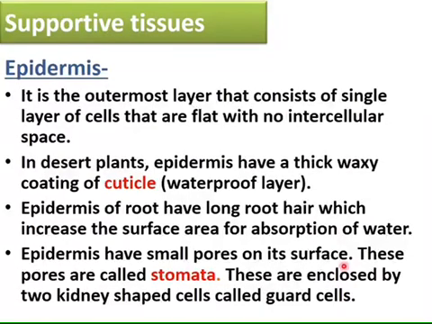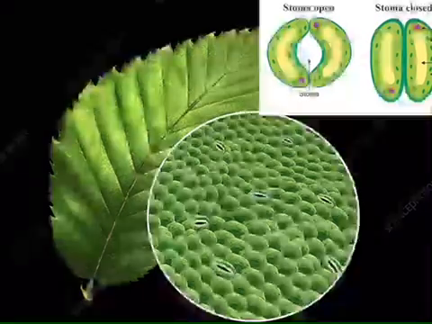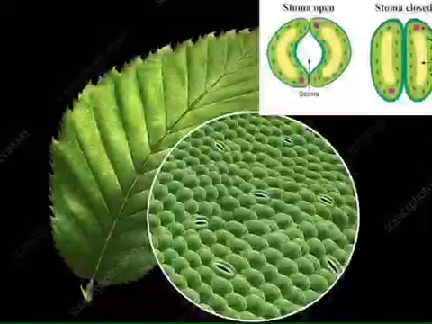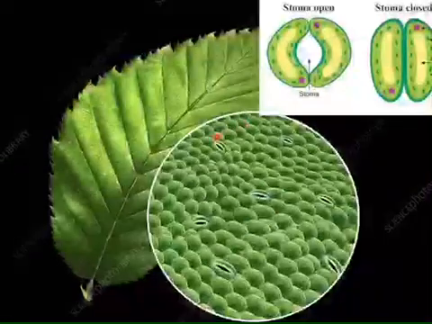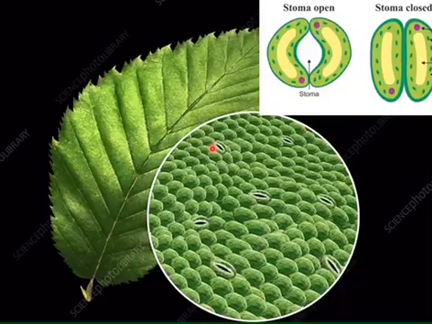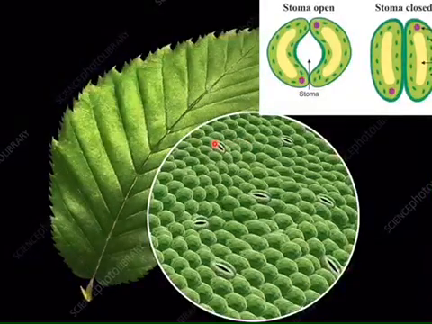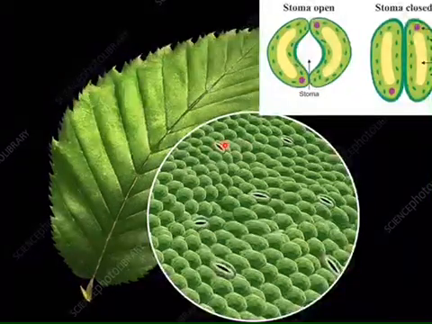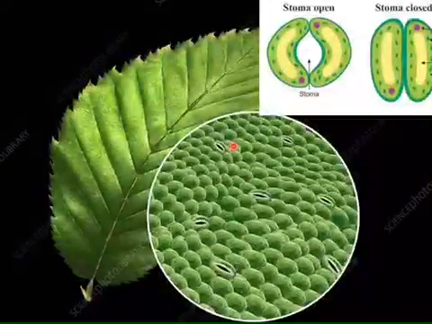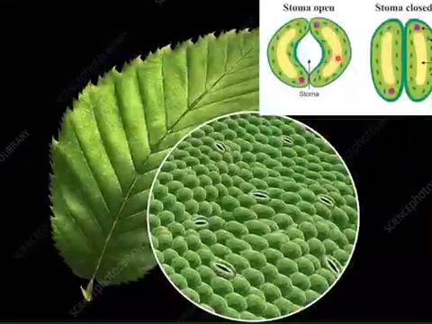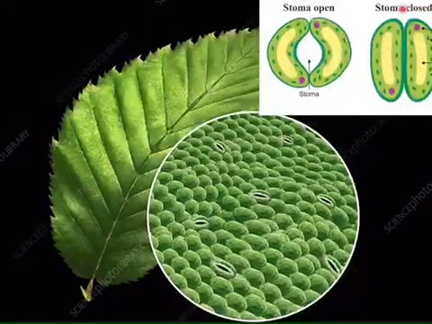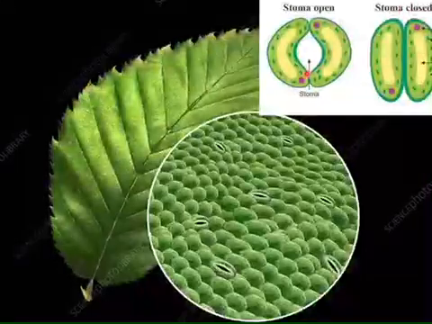Now here on the screen you can see the magnified image of the surface of a leaf, means the epidermis of a leaf. Here you can see small pores are present. These are called stomata. On the other side you can see the first picture shows stomata open and in the second picture stomata is closed.